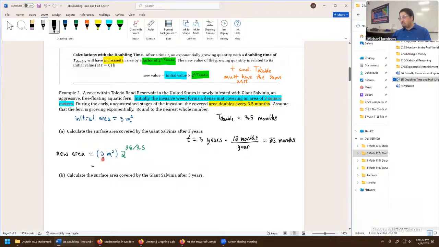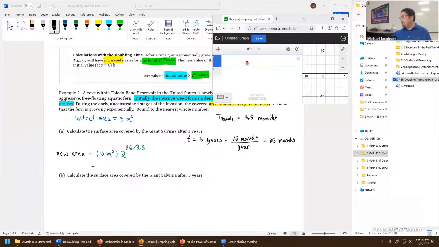And again, this is pretty much the same thing as the quicksand financial problem, where this was $300 and 2 to the power of 24. Slightly different values because the doubling time isn't 1 month, it's 3.5 months instead, but almost the exact same kind of thing. So plugging this back into the calculator, take 3 times 2 to the power 36 divided by 3.5.